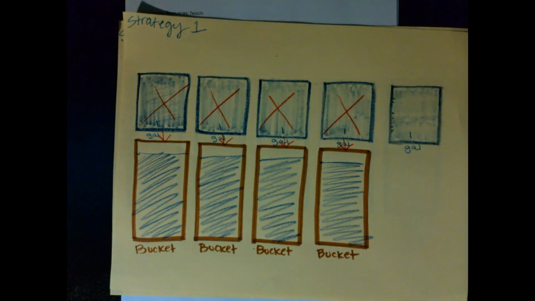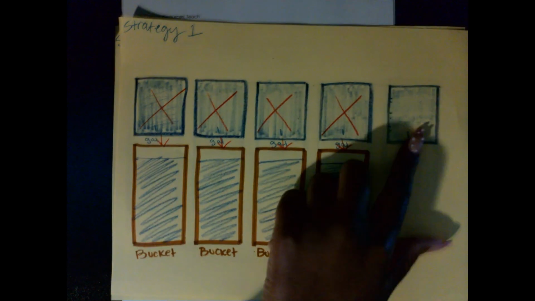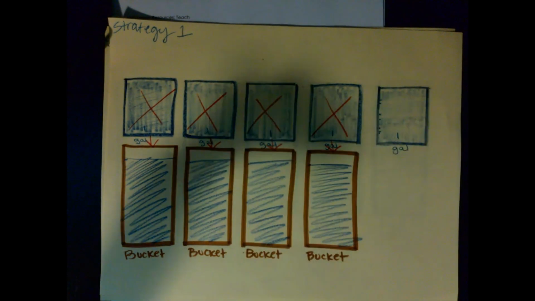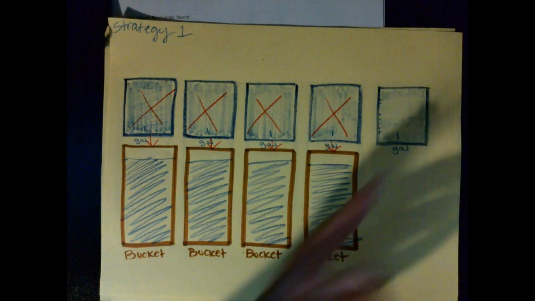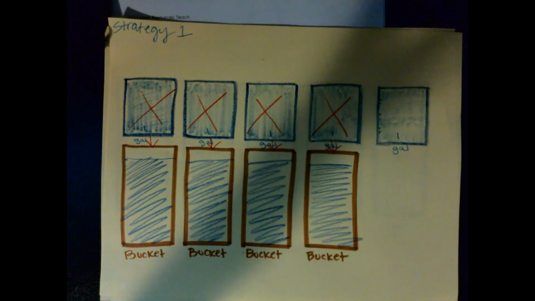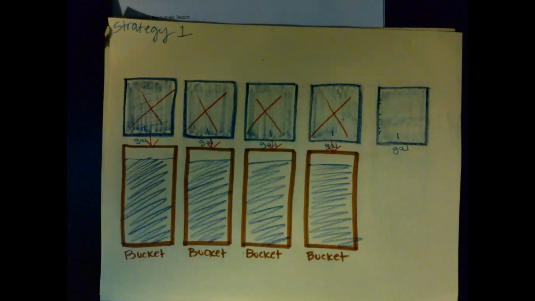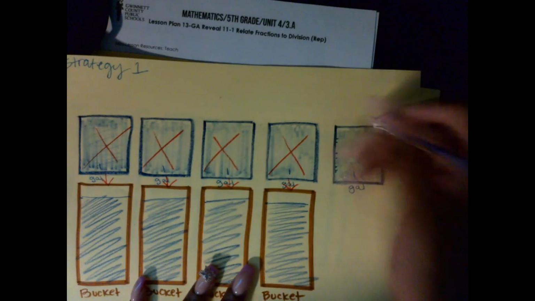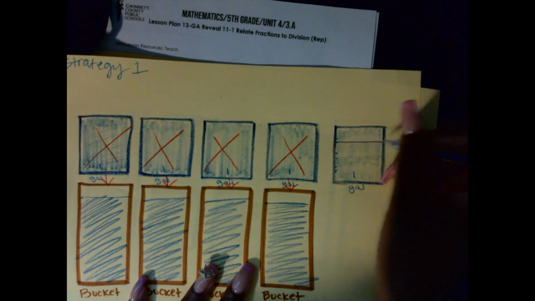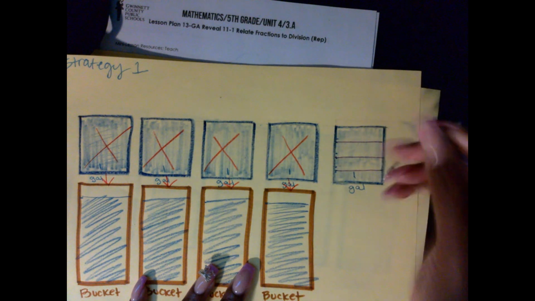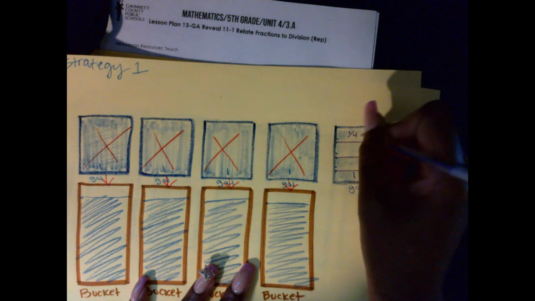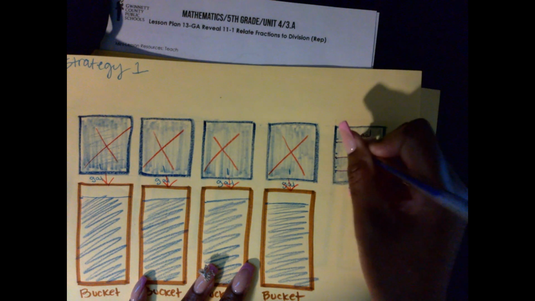Now I see I have 1 gallon remaining. Since I have 4 buckets, I can partition my last gallon into 4 equal parts, or fourths, to share it equally. Let me go ahead and do that. So here's 1/4 of a gallon. 1/4 of a gallon.